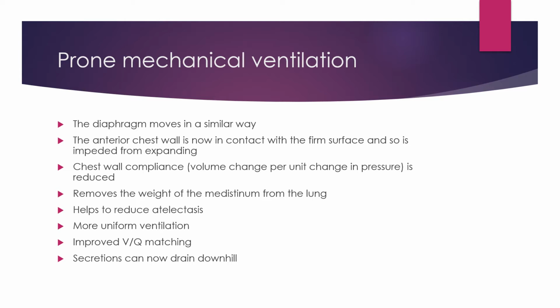That means that any pressure applied to the respiratory system, and by that I mean the chest wall and the lungs together, will mainly go to expanding the lungs rather than pushing the chest walls out. We've also removed the weight of the mediastinum, the heart, from the dorsal lung, and all of this combined will result in more uniform ventilation and reduced atelectasis. This will also improve ventilation perfusion matching, and in addition, secretions will now be draining downhill.